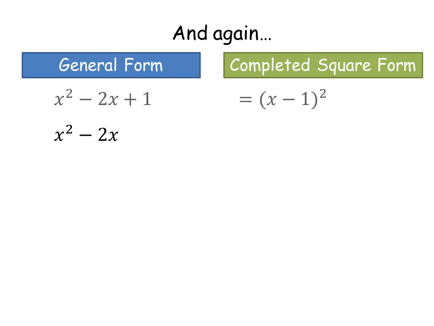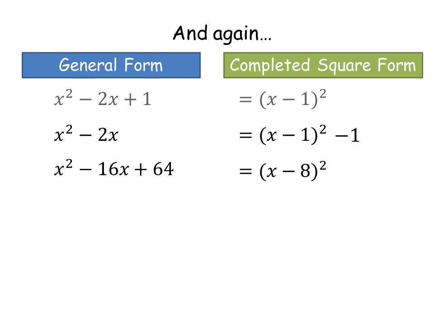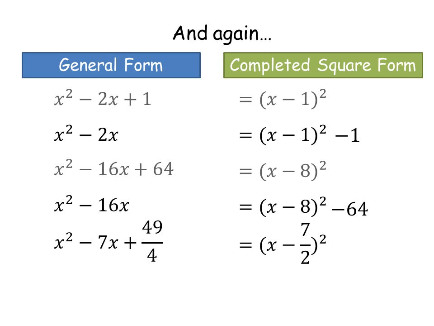Instead of x squared minus 2x plus 1, I just want x squared minus 2x, which therefore means that I have x minus 1 all squared minus 1 as my completed square form. Instead of x squared minus 16x plus 64 being equal to x minus 8 all squared, what if I only had x squared minus 16x? That's right, I've got to subtract 64 from x minus 8 all squared.